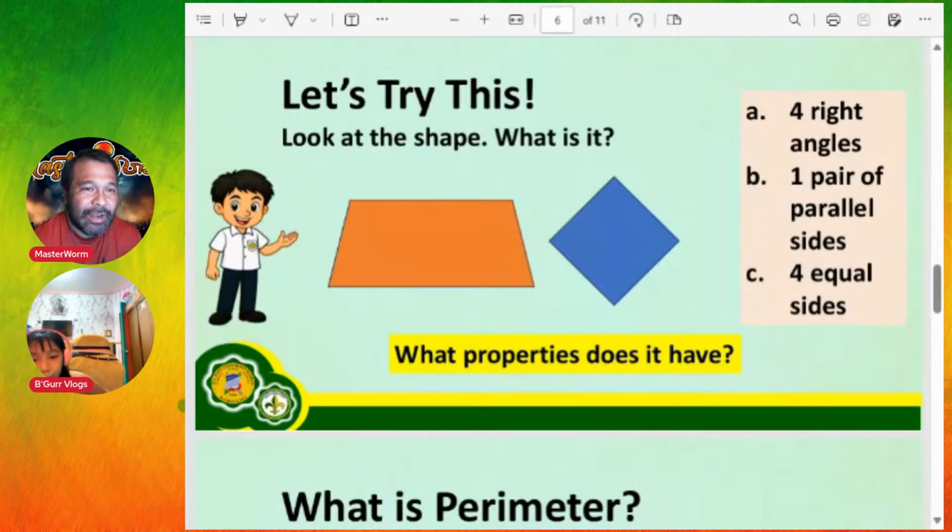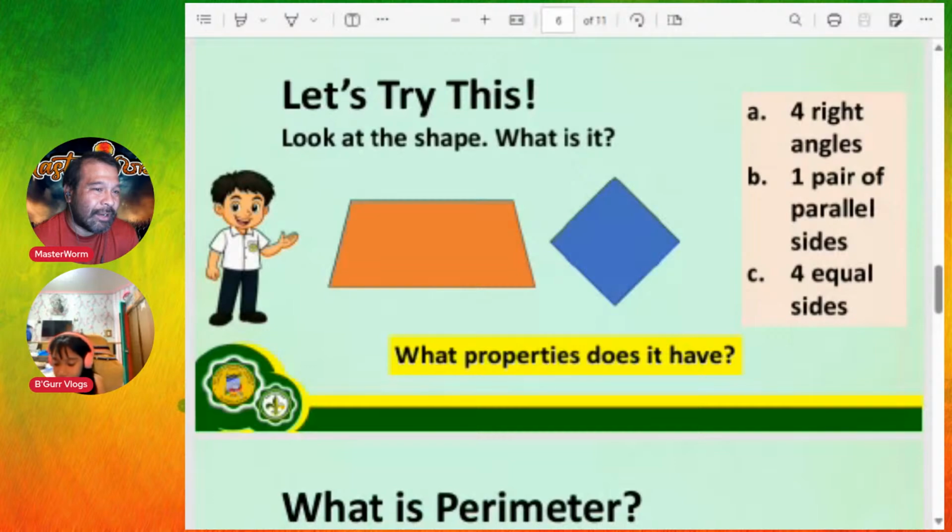One right angle, one pair of parallel sides, four equal sides. So which property does it have? Which one has the four right angles? This one. It's the square, right? And just one pair of parallel sides, this is the trapezoid. And four equal sides is, of course, the square.